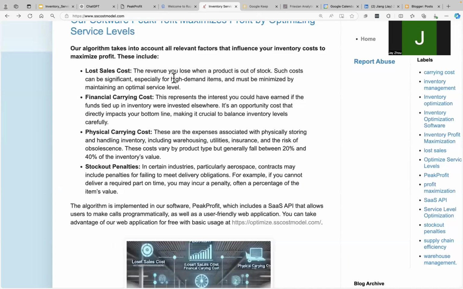Lost sales cost or opportunity cost, and financial carrying cost, this is interest we lose by buying stocks because our money will not earn interest from the bank, right? And the physical carrying cost, and also stock out penalty, which is 0 for most business. So we consider all those costs, and the total of those costs should be minimized. If they are minimized, then profit is maximized.